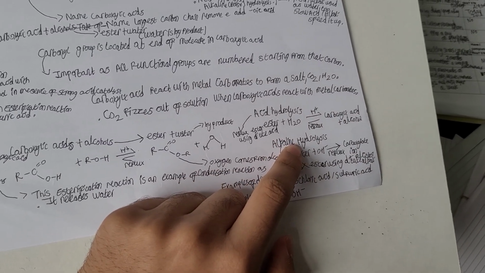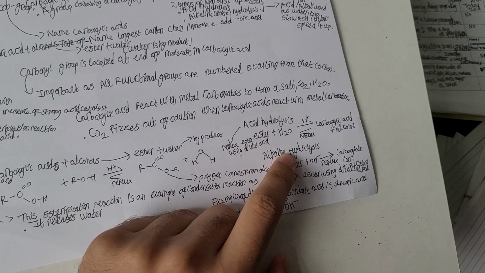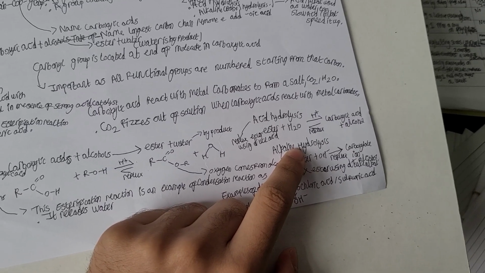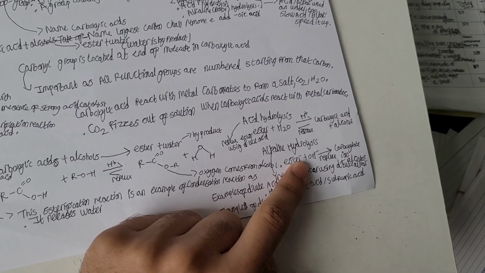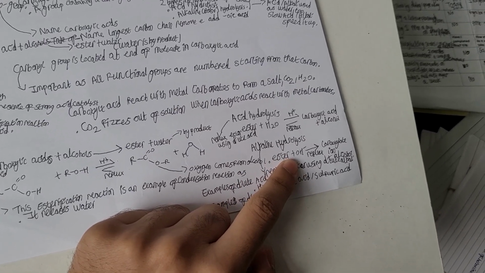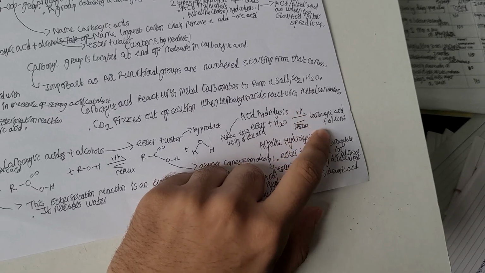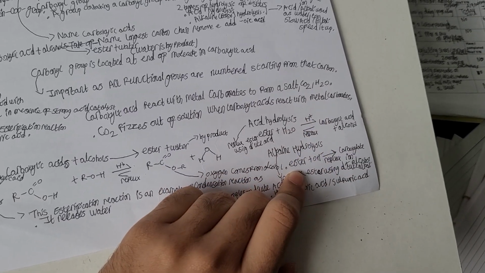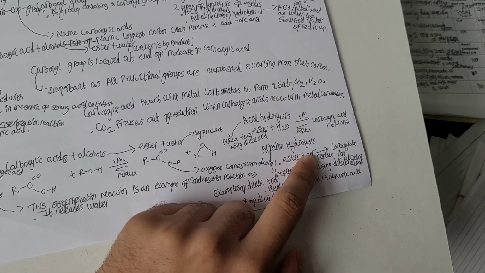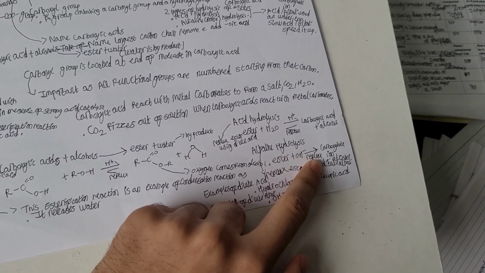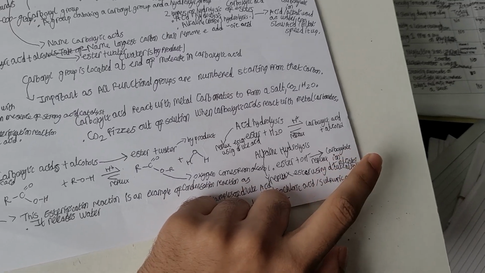Alkaline hydrolysis, which could also be called base hydrolysis in the exam. Ester plus OH minus, and in this case there is no reversible reaction, just reflux, to form your carboxylate ion plus your alcohol.